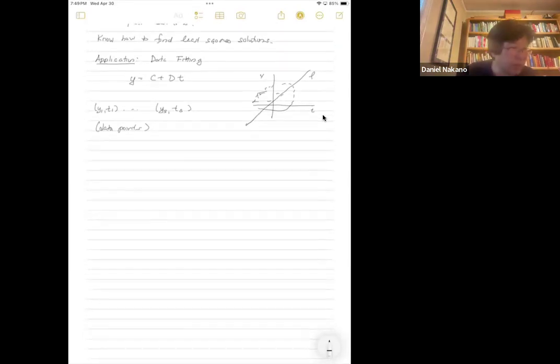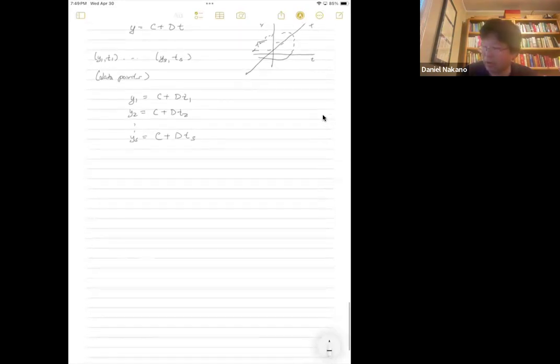Now, with the data points, what we do is we plug them into the equation for the line, and then we get an overdetermined system, and then we solve by least squares. So we have y1 is equal to c plus d t1, y2 is equal to c plus d t2, up to ys is equal to c plus d ts. Okay?